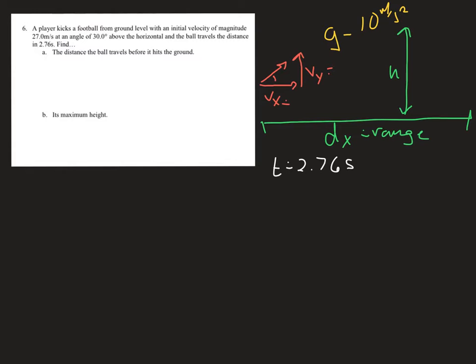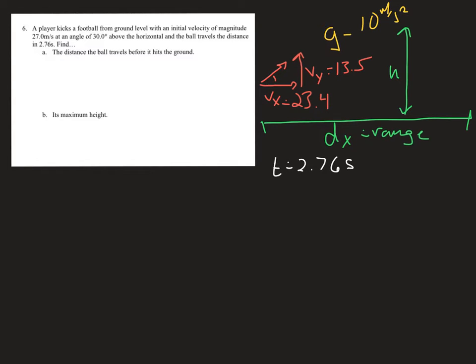That gives me 23.4, which looks a lot better. And then 27 times the sine of 30 gives 13.5.